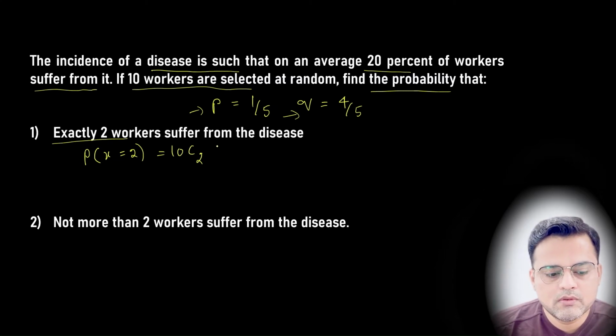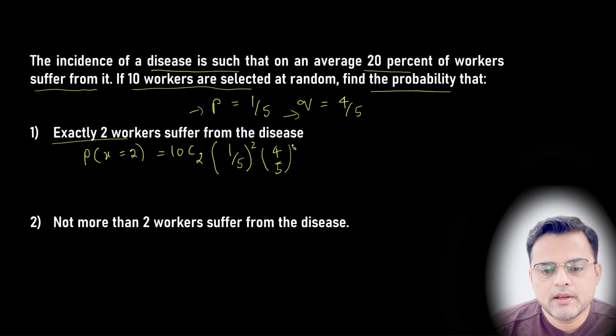10C2, 1 by 5 to the power 2, and 4 by 5 to the power 8. If you solve this, it will become 10C2 times 4 to the power 8 divided by 5 to the power 10.